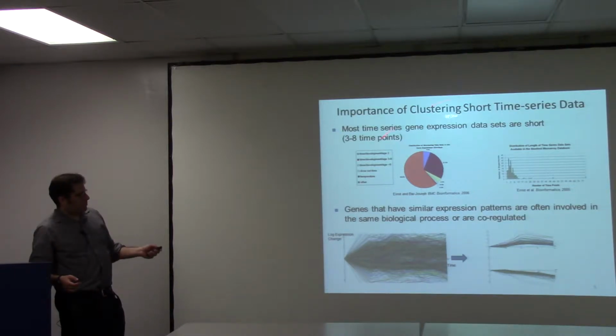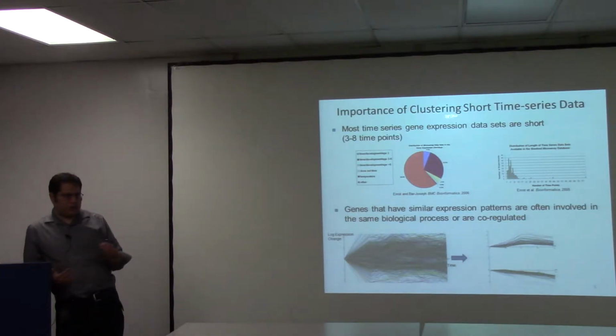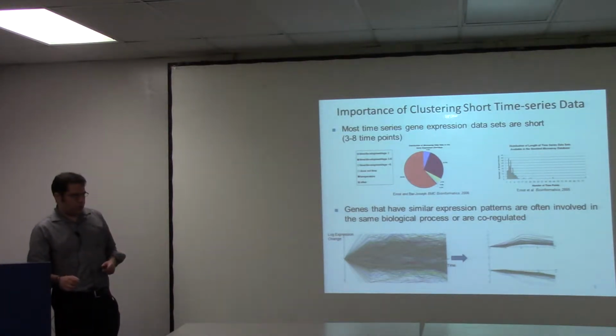So there's relatively few time points, and this sort of raises this issue that you're now profiling thousands of genes, and you have a limited number of time points, so you have a relatively small number of possible profiles you could have. So just by chance, you could have many genes that potentially look like they're co-regulated, but it could just be what you would expect under just sort of random data.